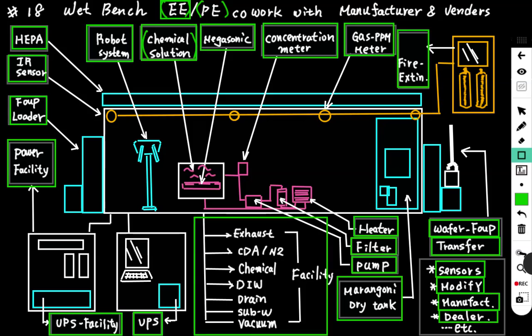Also, the exhaust and clean dry air and nitrogen gas and chemical supply system, the DI water supply system or drain system and the vacuum system, all from the fab facility department. And the equipment engineer co-works with them also.